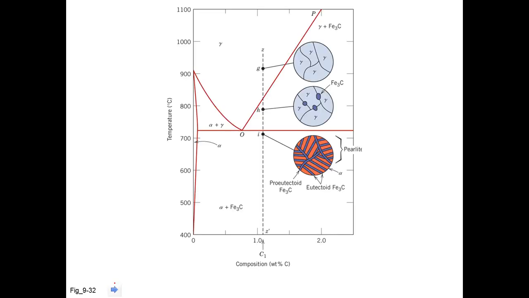So let's take these one by one, first starting with what is the pro-eutectoid phase. We're going to use figure 9.32 as our example here. We're at 0.95% carbon, slightly less than this particular figure, but because it is a hyper-eutectoid steel, all of the schematics are relevant.